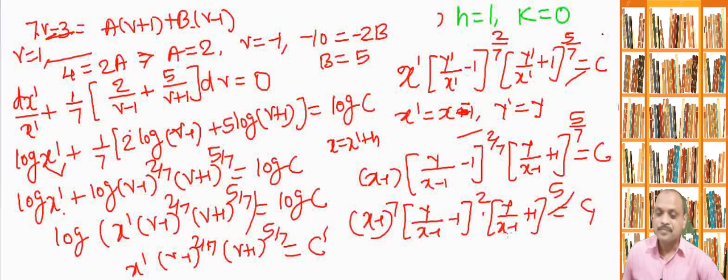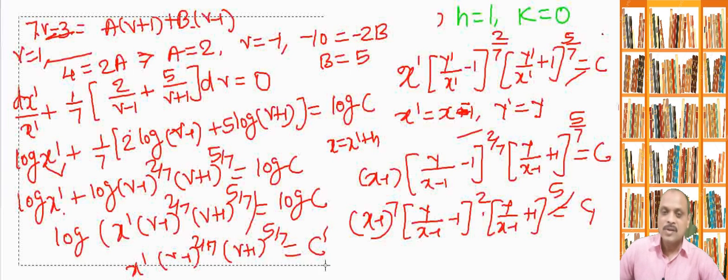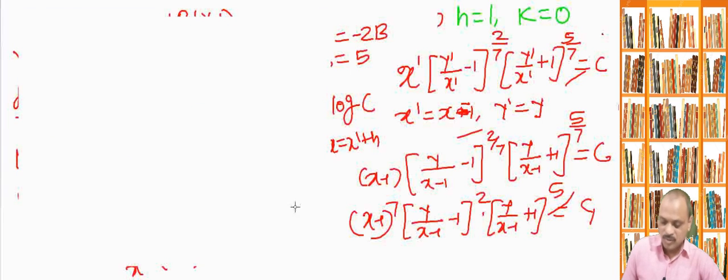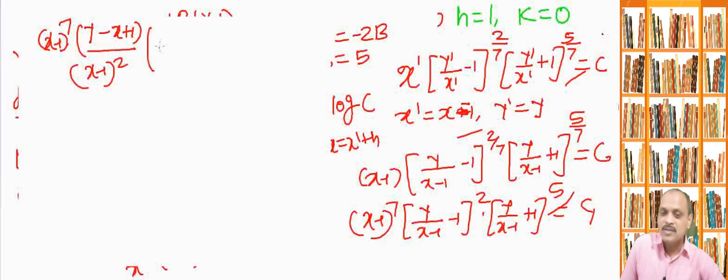Let me solve this again. Let us take the reciprocal in the term. So this will be (x − 1)^7 into ((y − x + 1)/(x − 1))² into ((y + x − 1)/(x − 1))^5 equal to C1.